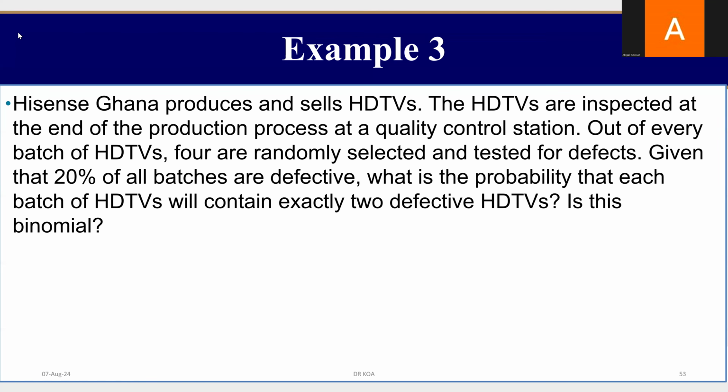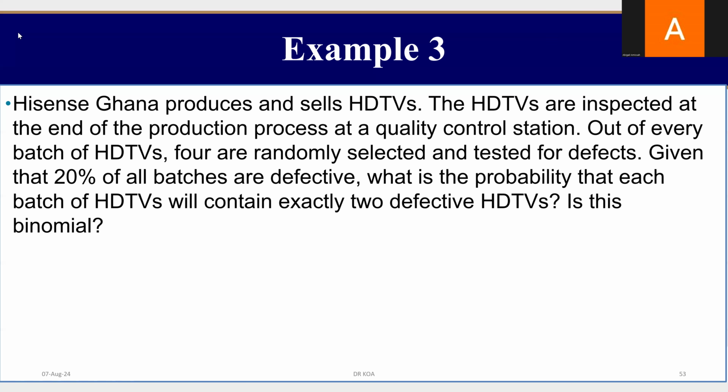Out of every batch of HD TVs, 4 are randomly selected and tested for defects. Given that 20% of all batches are defective, what is the probability that each batch of HD TVs will contain exactly 2 defective HD TVs? Is this binomial? Good.